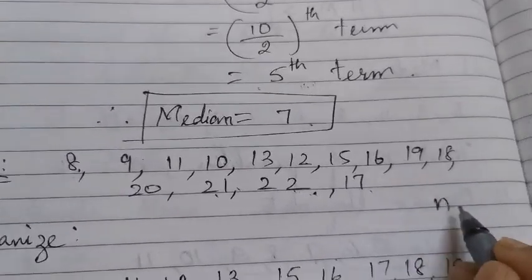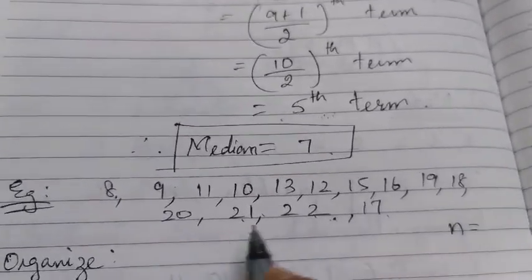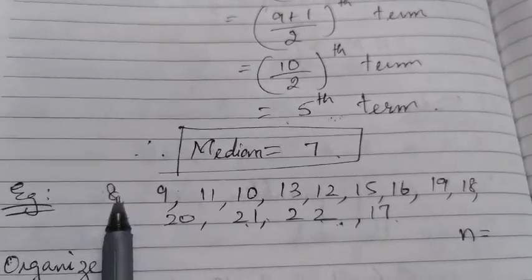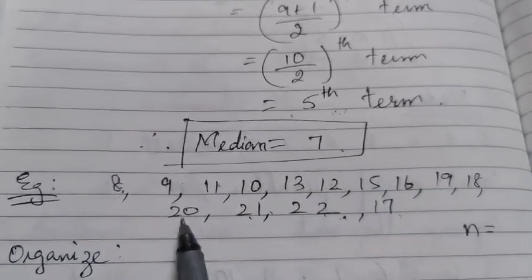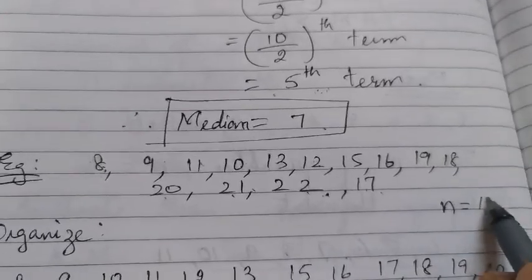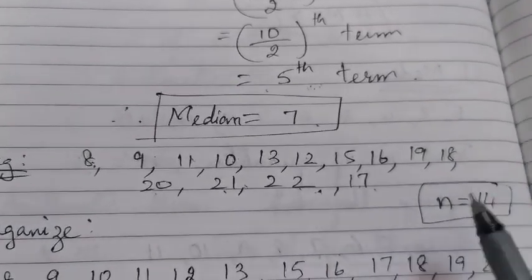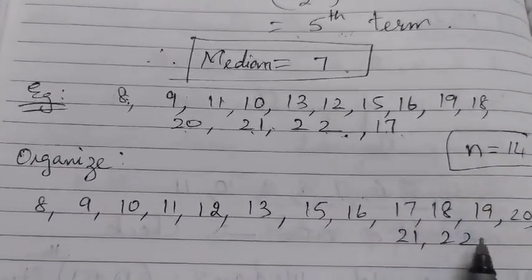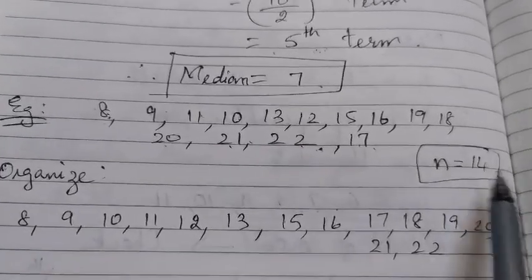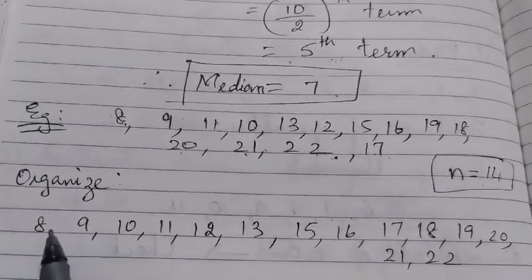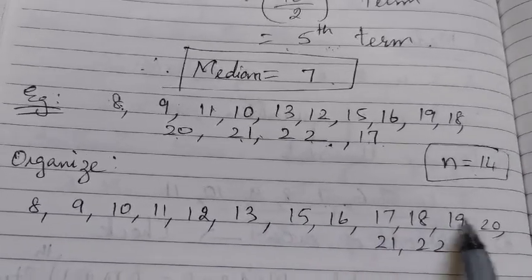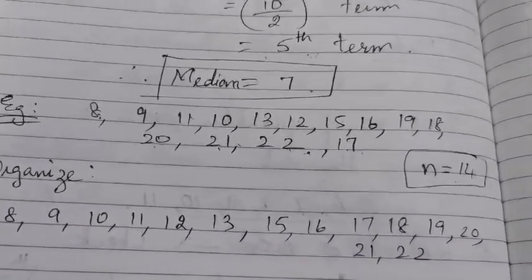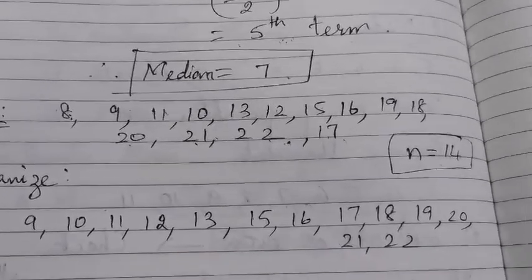So our n was 14. Check: 1, 2, 3, 4, 5, 6, 7, 8, 9, 10, 11, 12, 13, 14. So our n is 14, which is an even number. Check whether you have written the same 14 data.